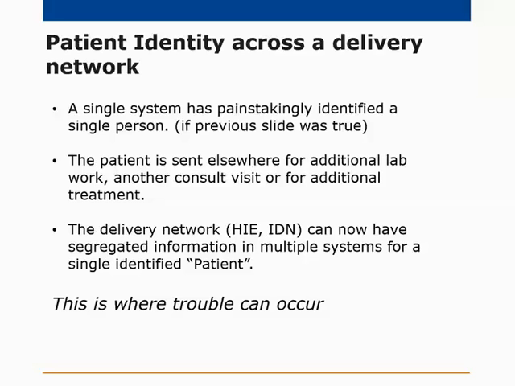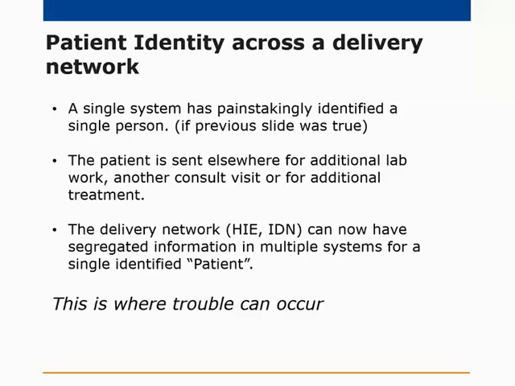Back in the 90s, when I first started working with EMRs, we had one system, and we were really diligent about identifying a patient. One name, one address, everything, and we were able to fix it because we only had the one EMR.